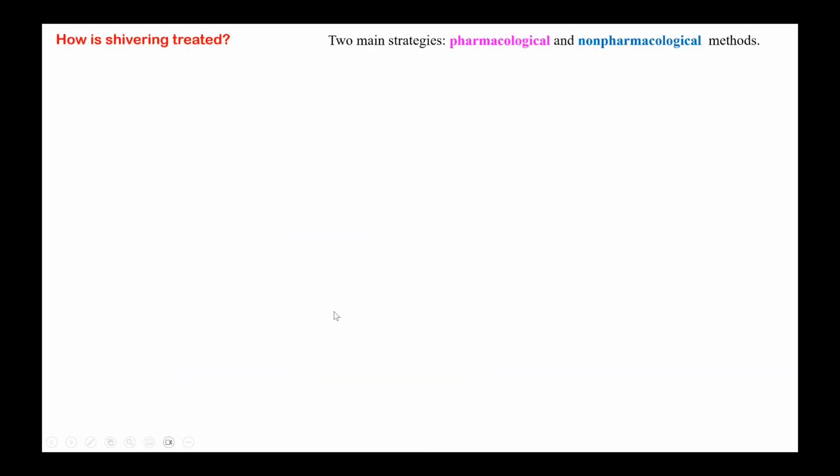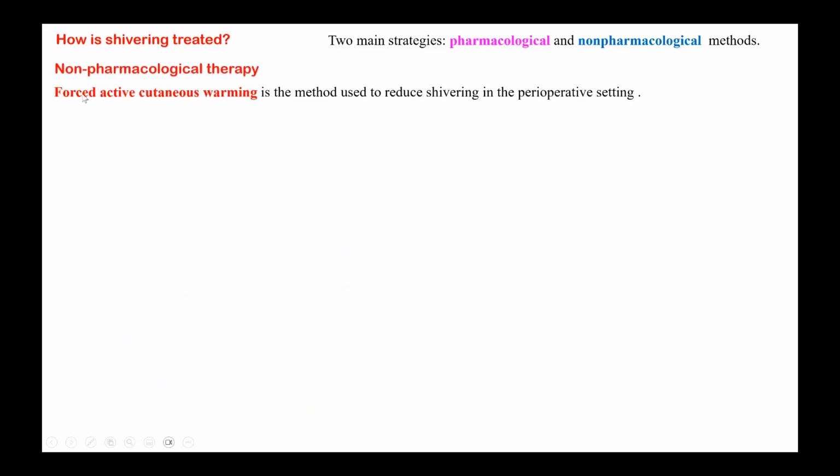So how to treat this? Again, as she rightly said, there are pharmacological and non-pharmacological methods. Non-pharmacological therapy are forced air warmers like the Bair Hugger and other things that we use. It can be used both intraoperatively as well as during post-operative recovery.